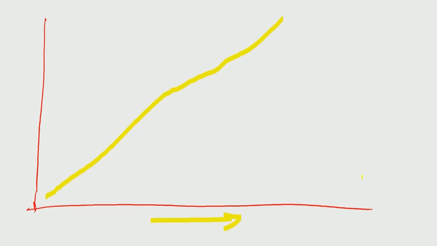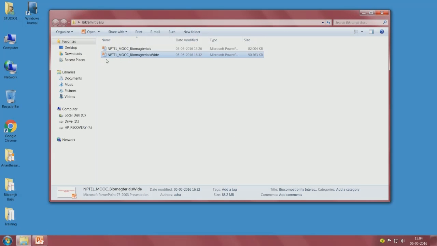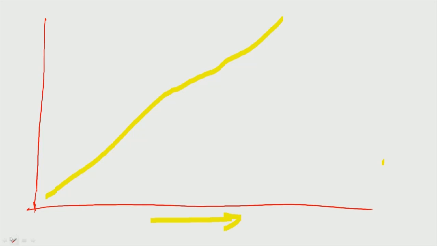So, along the x axis you have the time in culture, and along the y axis cell numbers.